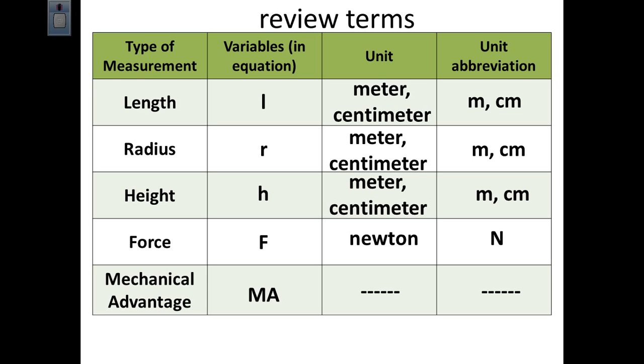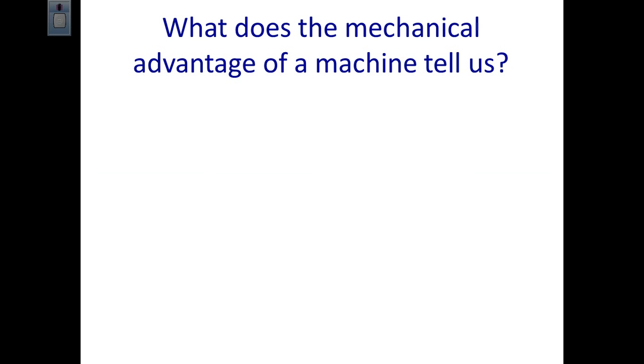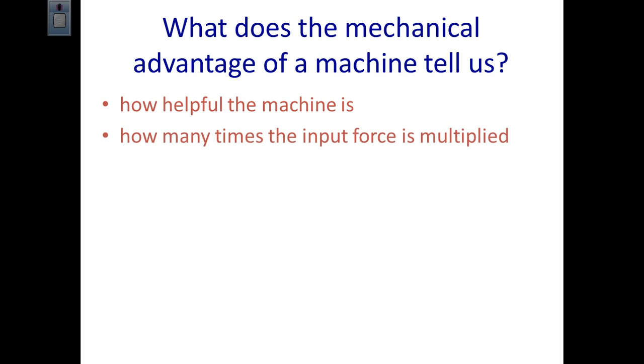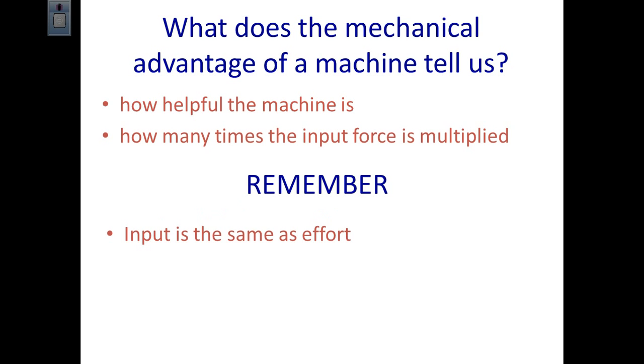Now that we've reviewed these terms, let's move on to some information about mechanical advantage. Mechanical advantage tells us how helpful the machine is. The higher the number, the more mechanical advantage you have. In mathematical terms, mechanical advantage is telling you how many times the input force is multiplied. Remember, you are the input.